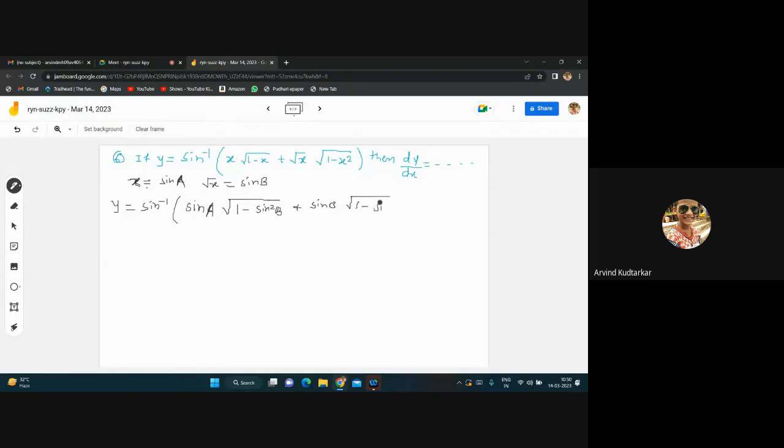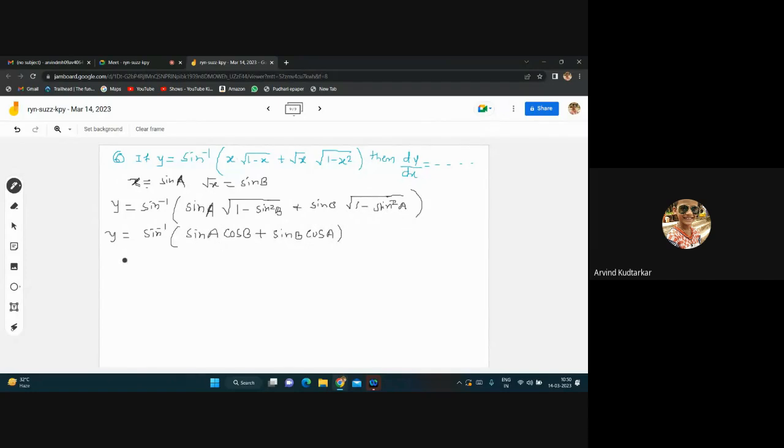Sin square A. So y becomes sine inverse of sin A times, from that square function, what should be there? 1 minus sin square B means cos square B, and root of cos square B is cos B. So there will be cos B, plus sin B into root of 1 minus sin square A, which means cos square A, and root of cos square A is cos A.